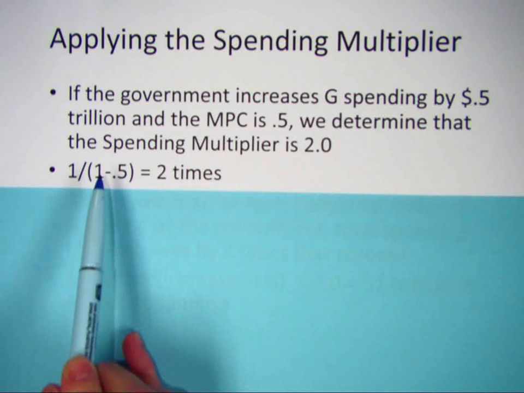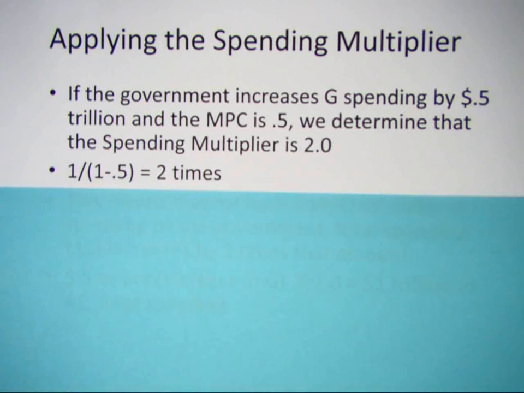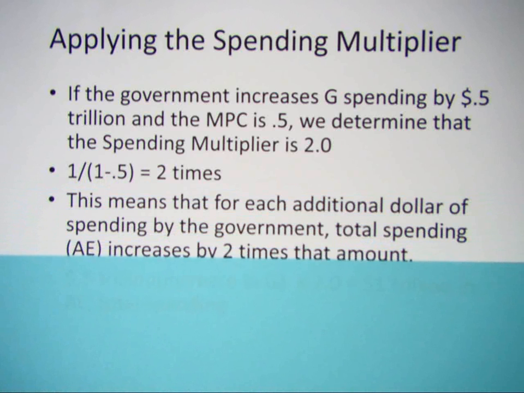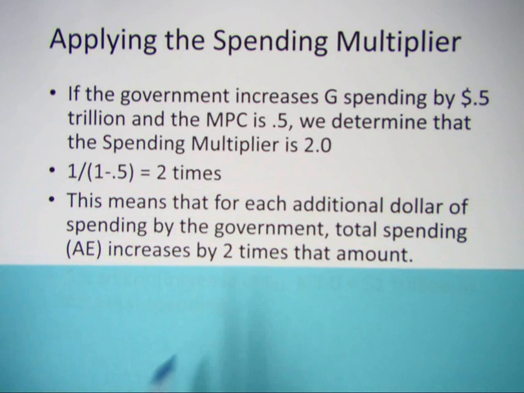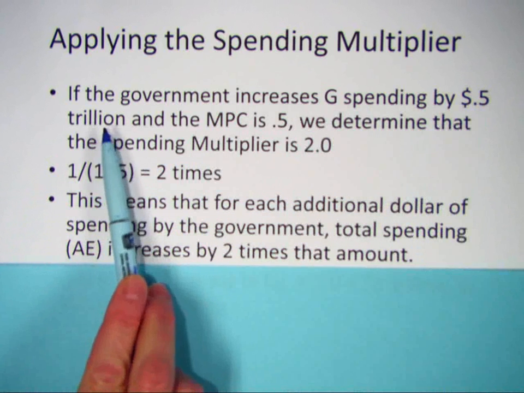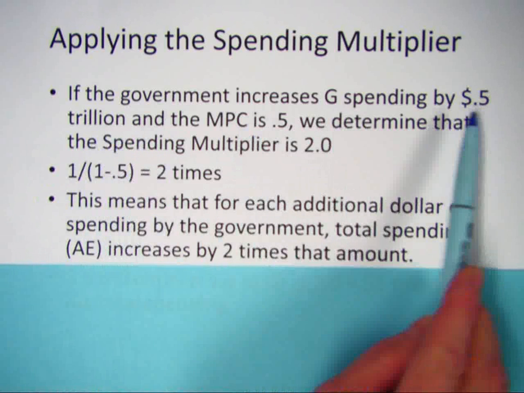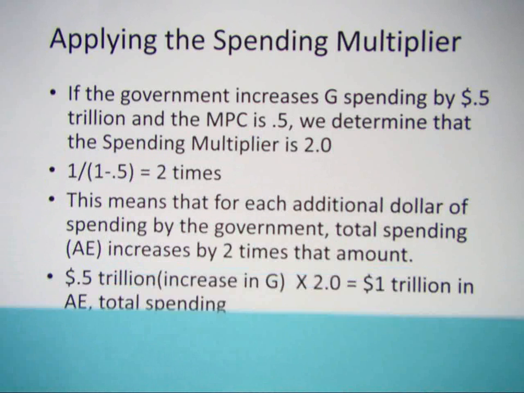The MPS is 1 minus the MPC, or 0.5, so we get 1 divided by 0.5, and that gives us 2 times. That means for each additional dollar of spending by the government, total spending increases by 2 times that amount. So if the government increases spending by 0.5 trillion, aggregate expenditures is not going to increase by 0.5 trillion, but 2 times 0.5 trillion.